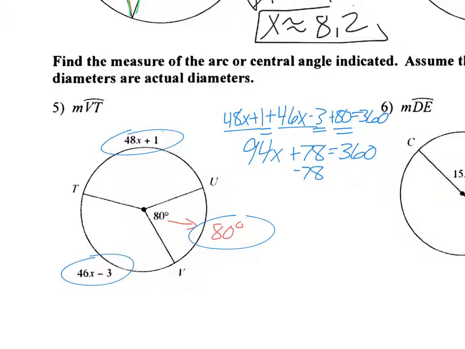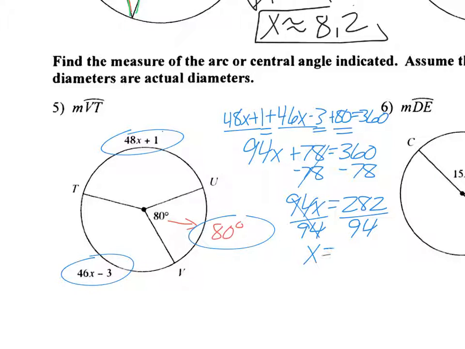Subtract 78 from both sides. Again, 94x is 360 minus 78. It's 282. Divide by 94. So then x is 3.